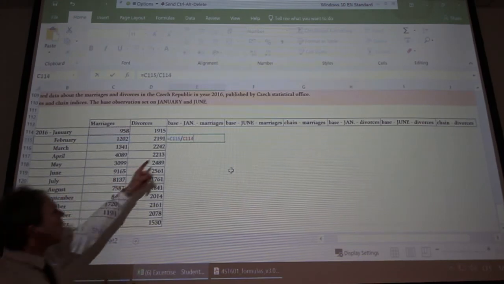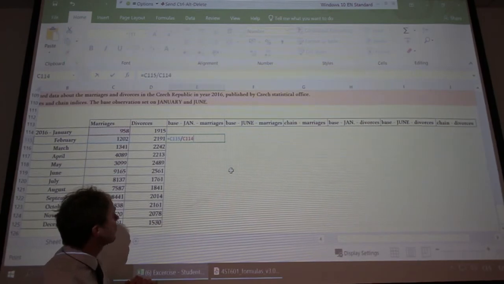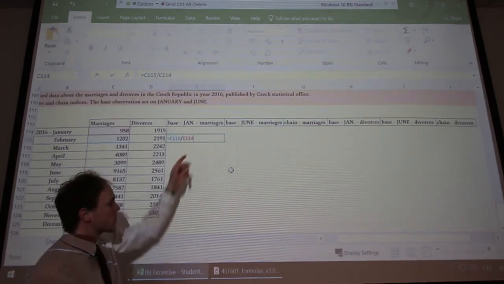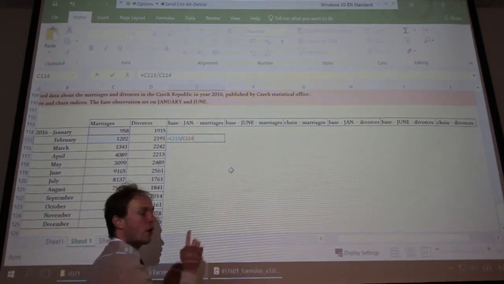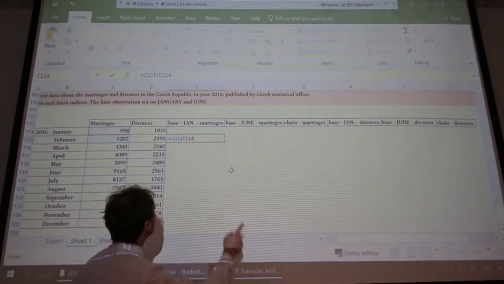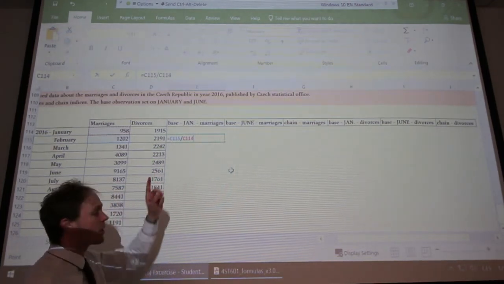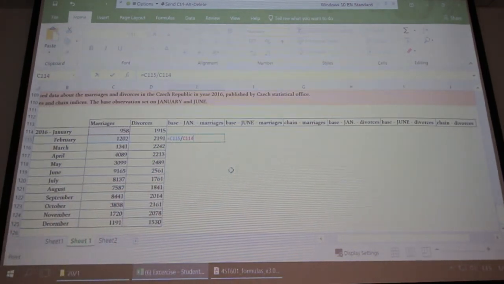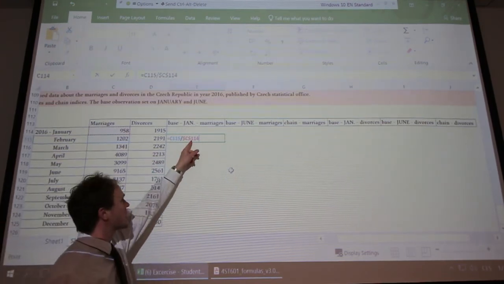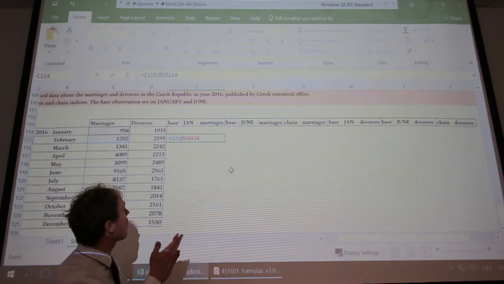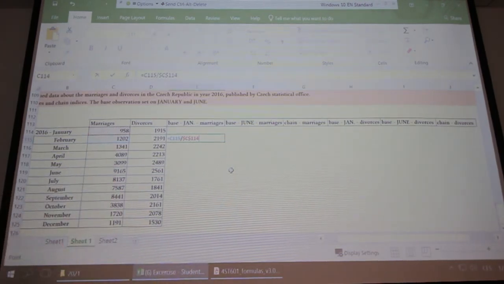And because our deal is that the base will be January, I will use function 4 button on the keyboard, and I will lock the denominator. Please lock the cell by function 4, F4 button. Can you see the dollars? Yes, we can see the dollars. This cell is locked.